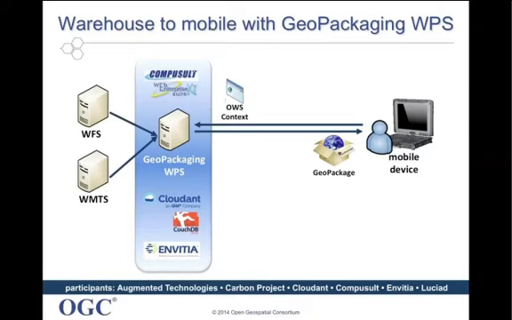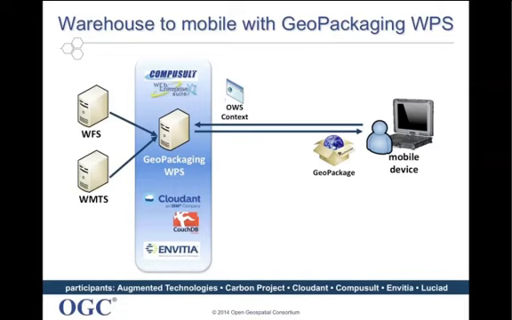So all that is described in this context document, and basically the device that wants a GeoPackage starts with a context document, says, hey, it would be great if all this data, instead of being accessed through services, were available locally in a GeoPackage so I can go offline and use it. Sends that context document to a GeoPackaging WPS with the command execute.